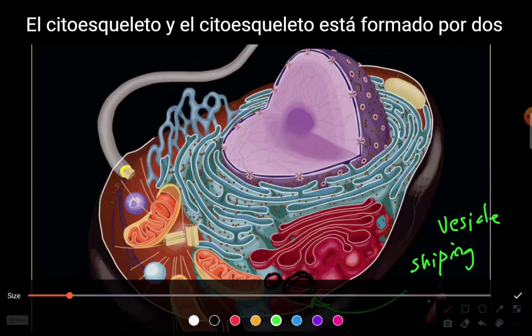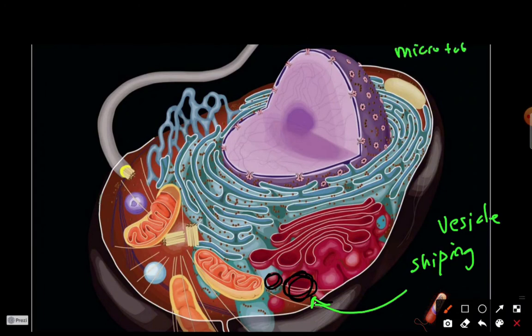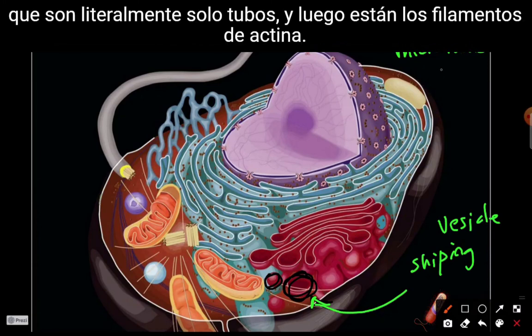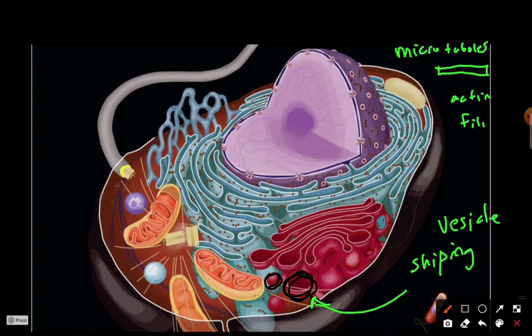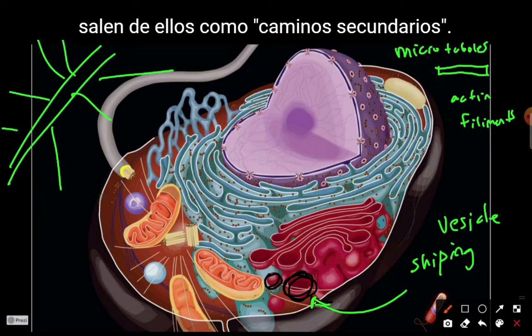And the cytoskeleton is made of two different types of roads. There are microtubules, which are literally just tubes. And then there are actin filaments. Generally, there will be a microtubule, and then actin filaments come off of them as side roads.